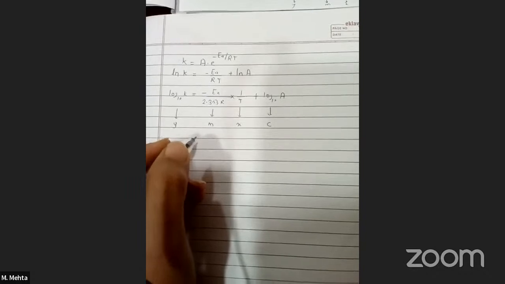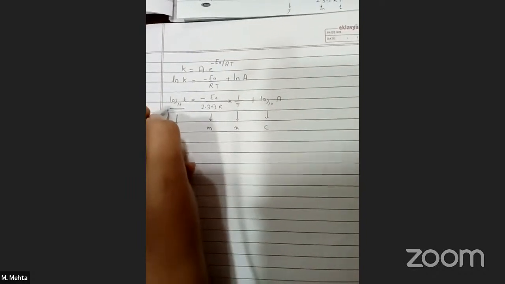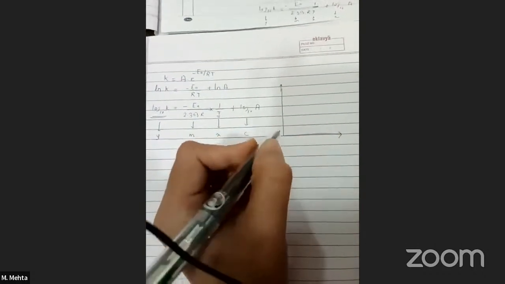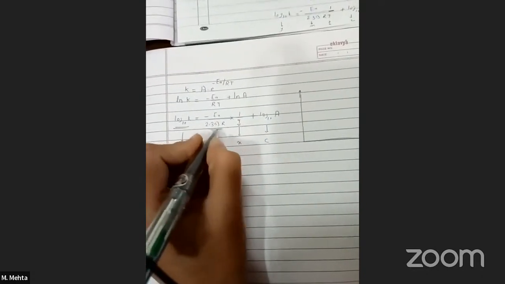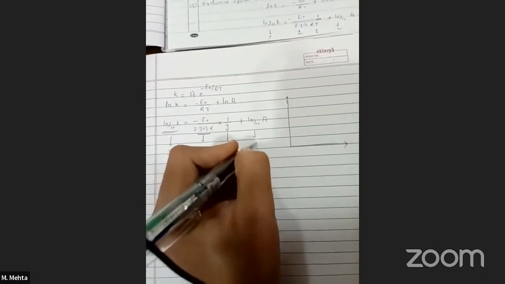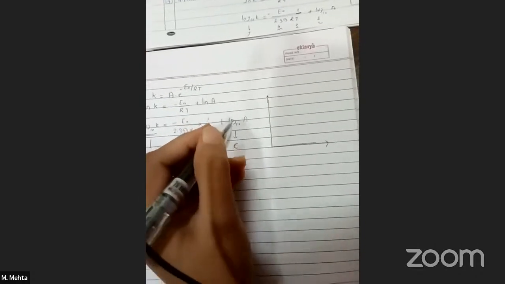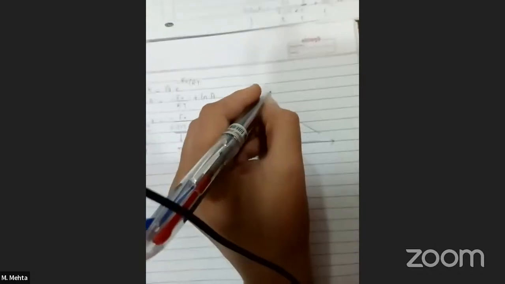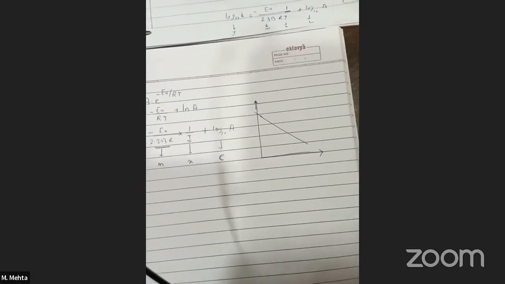So when I plot the graph of log K versus 1 by T, the nature of the graph will be like this. As this equation obeys a straight line equation, no doubt the nature of the graph will be a straight line, but here the slope is negative and the value of c means an intercept is there. So the nature of the graph is like this: negative slope and intercepting at that axis. So your answer is option B.